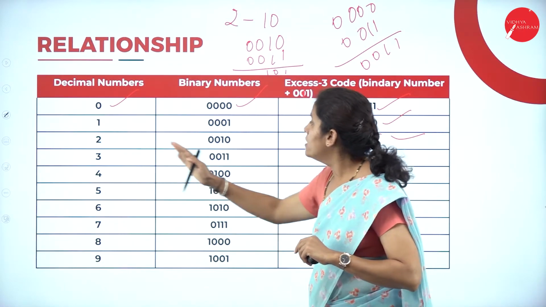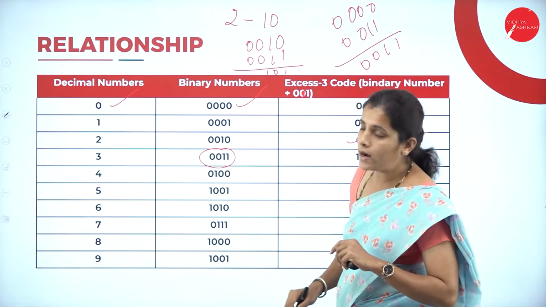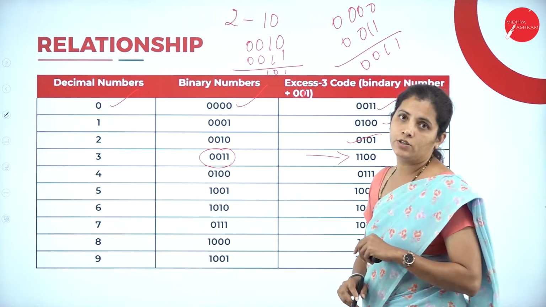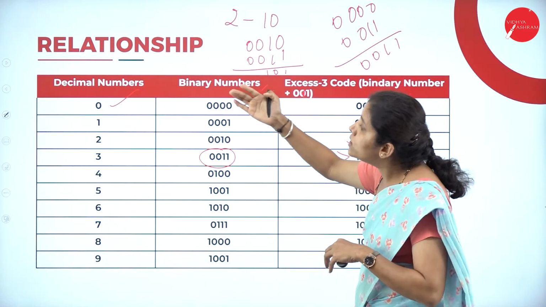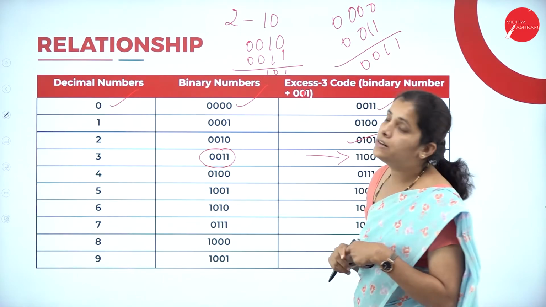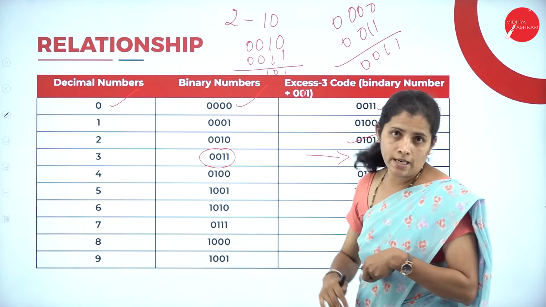For 3, what is the binary representation? It is 0, 0, 1, 1. And what is the Xs3 representation? It is 0, 1, 1, 0. So how to convert to Xs3 code? First you are going to get a binary number or decimal number.